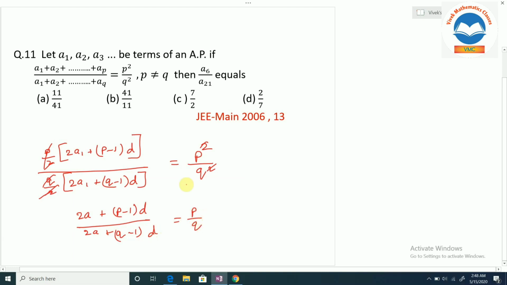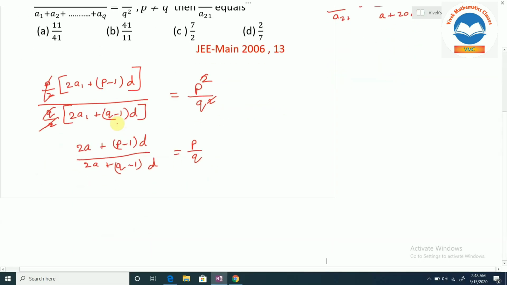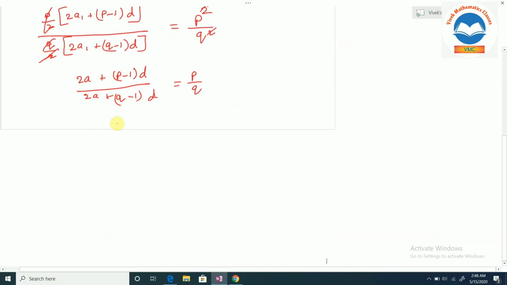Now what are they asking? They are asking A6 divided by A21. What is A6 divided by A21? It means what? We need to find A plus 5D divided by A plus 20D. Okay, so what we'll do, we'll try to convert this in that form. We can take 2 common because the coefficient of A should be 1.